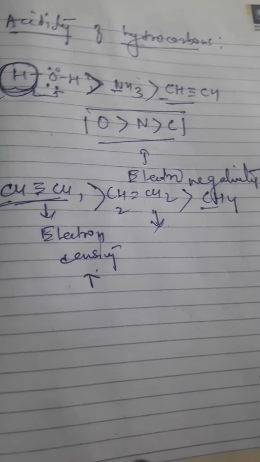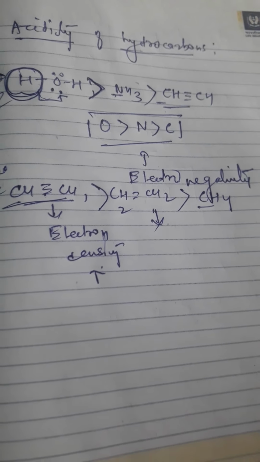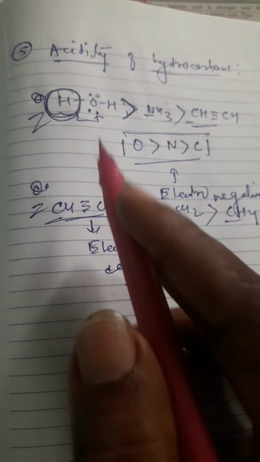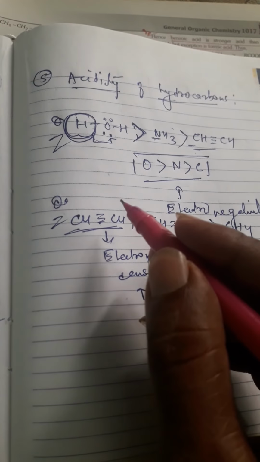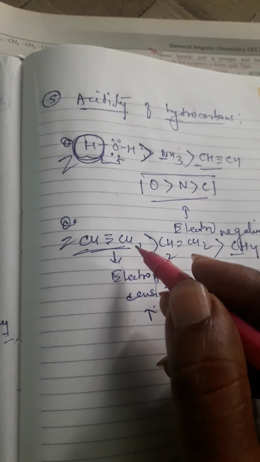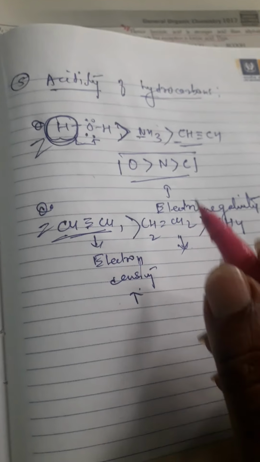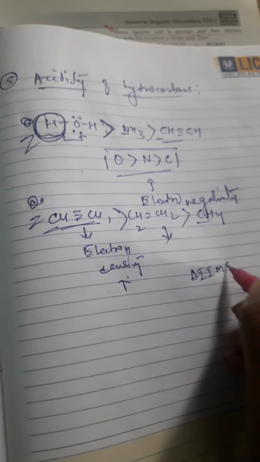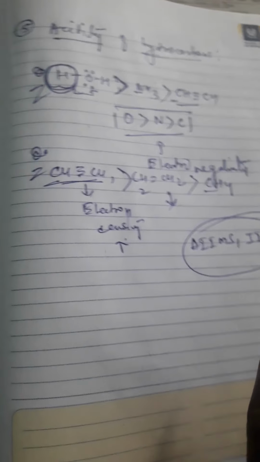Okay, so these types of questions can be asked. Today I have completed the applications of hybridization. So you can write down in your notebook the questions I have mentioned. This type of question can surely be asked in the exam.